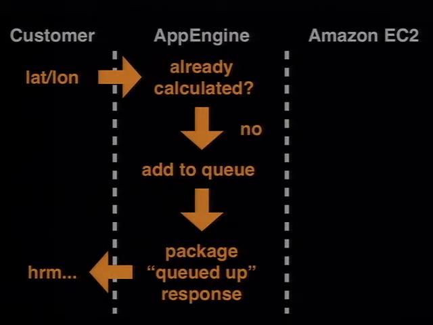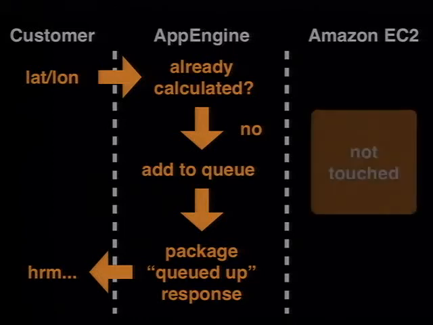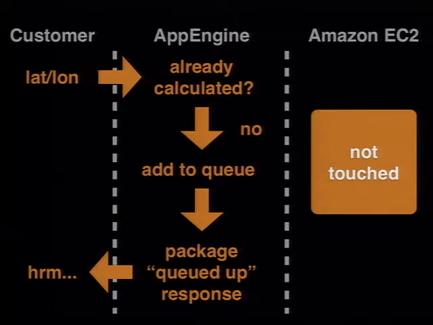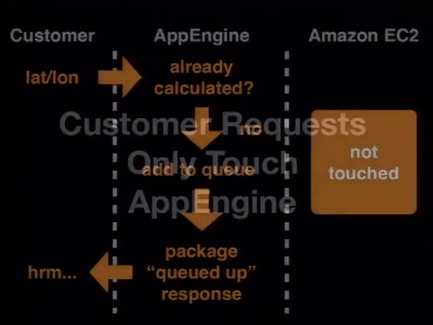The details of what we do on the App Engine side aren't really important, and as Josh mentioned, it's not very complex. But the important thing to see here is that during a customer request-response cycle, Amazon EC2 has never been touched. Amazon EC2 is simply our queue servicing code, and customer requests never get to Amazon. That's a really important design point that I'd urge you to think about if you're architecting an API for multiple cloud services.